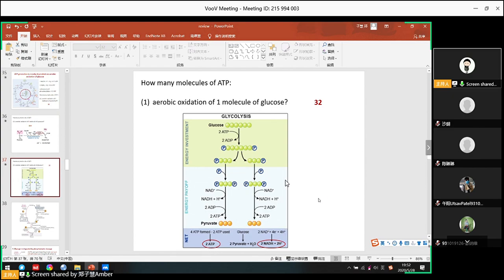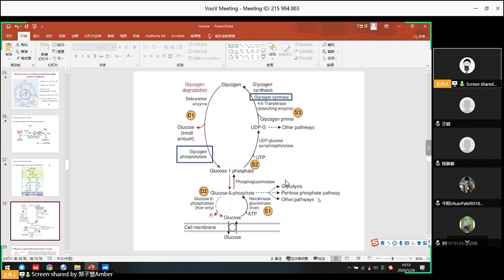Okay, so next important part is glycogen degradation. Here is the glycogen synthesis from glucose. This is the glycogen degradation here.